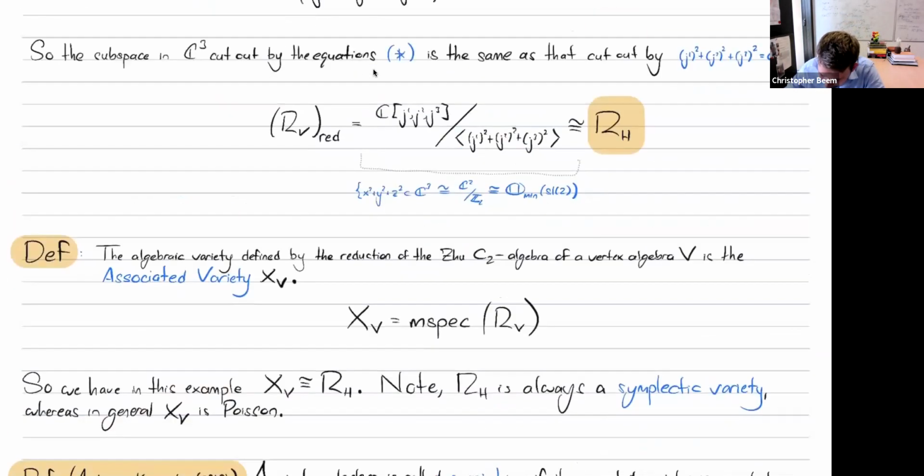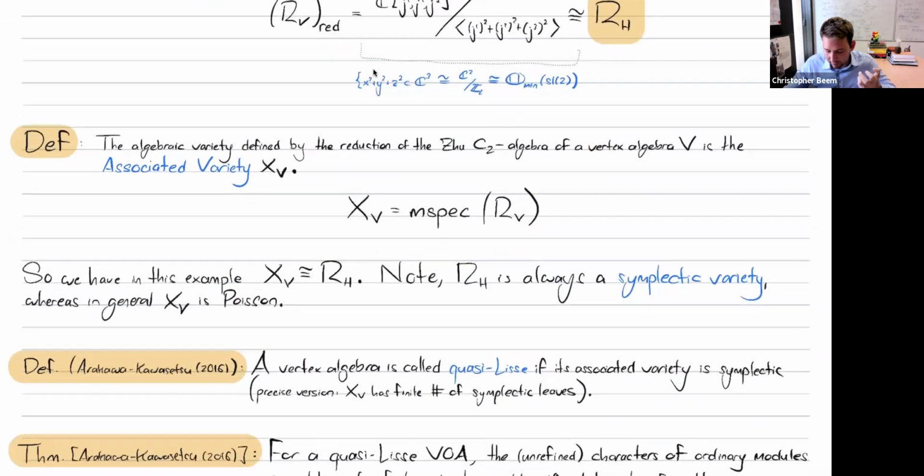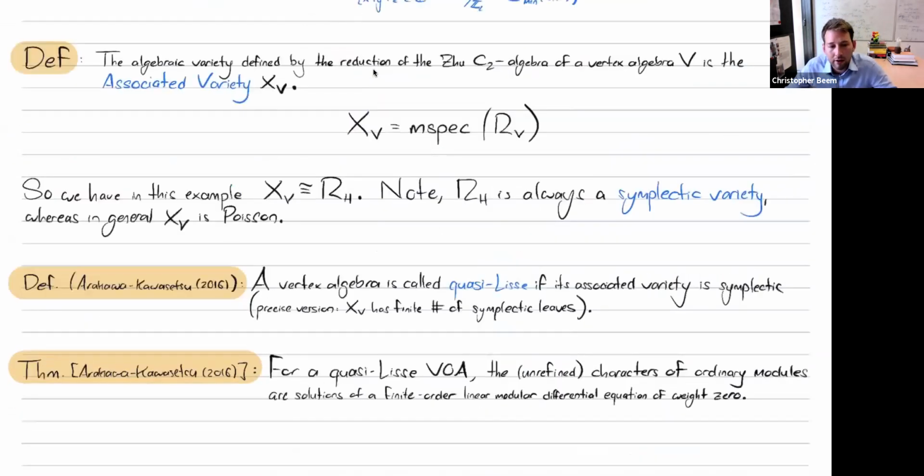So this has been a story that I just sort of conjured, but this allows us to connect structure that we care about with structure which is canonically defined and already a part of the formal theory of VOAs. So if you take the algebraic variety defined in the way that I just did, by taking the C2 algebra and throwing away nilpotents, that's been called the associated variety.